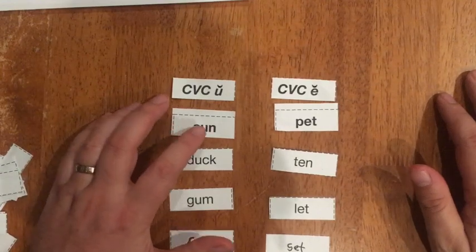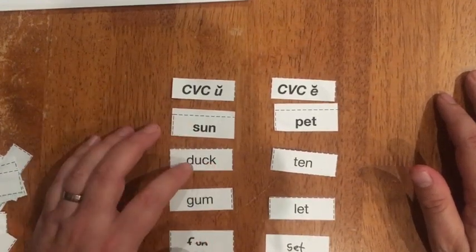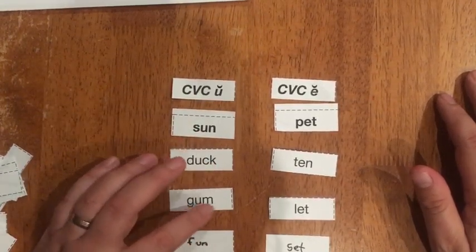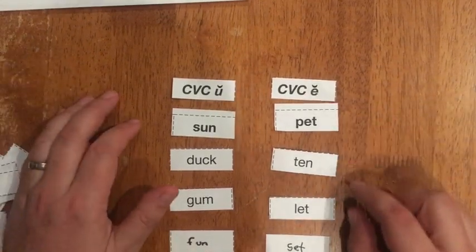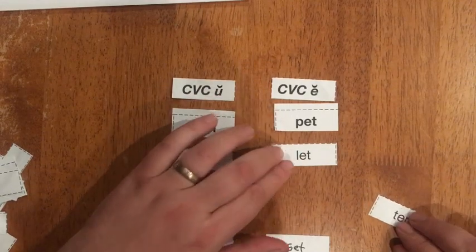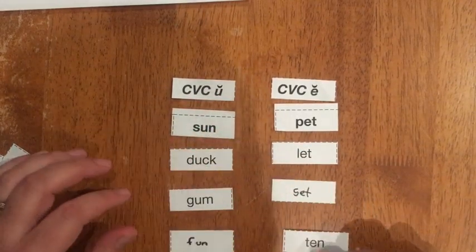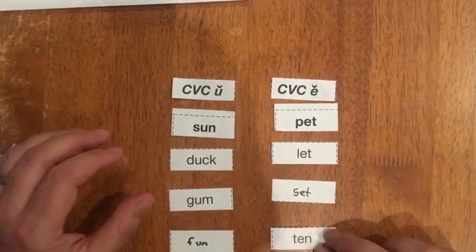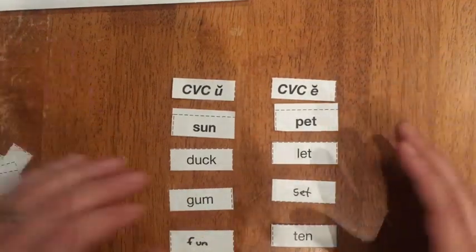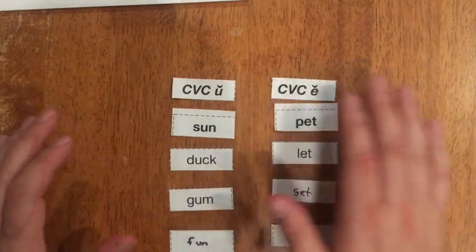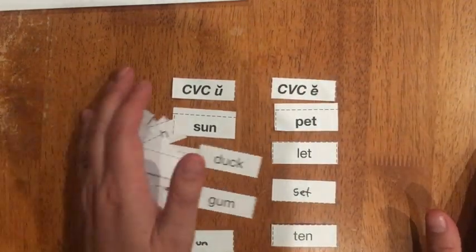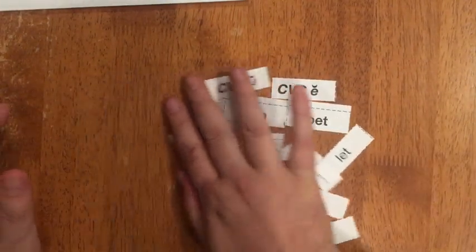So sun, sun, duck, gum. And so that's basically what a word sort is. And I'll show you lots of resources that demonstrate that this does become much more complex over time.